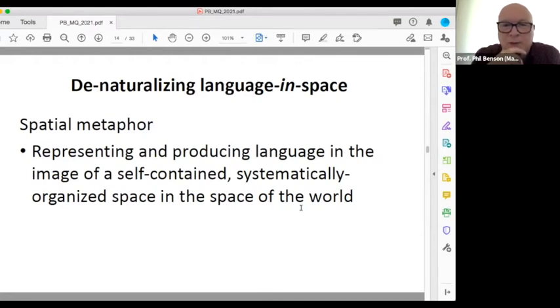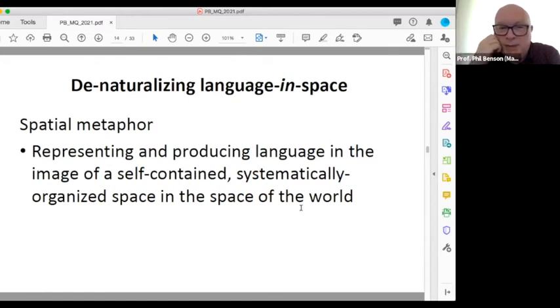And I'm going to use the word spatial metaphor in a particular sense. As I say, linguistics is actually awash with spatial metaphors. Once you start reading linguistics with an awareness of spatial metaphor, it's difficult to find more than 3 or 4 words continuously in a text that are not spatial metaphor. Everything suddenly appears to be spatial metaphor.